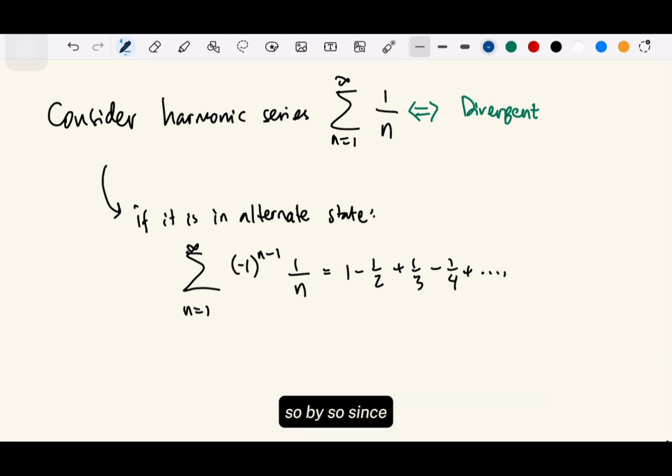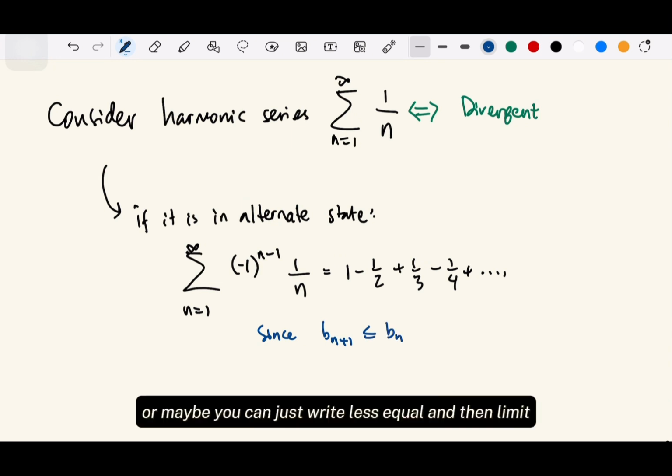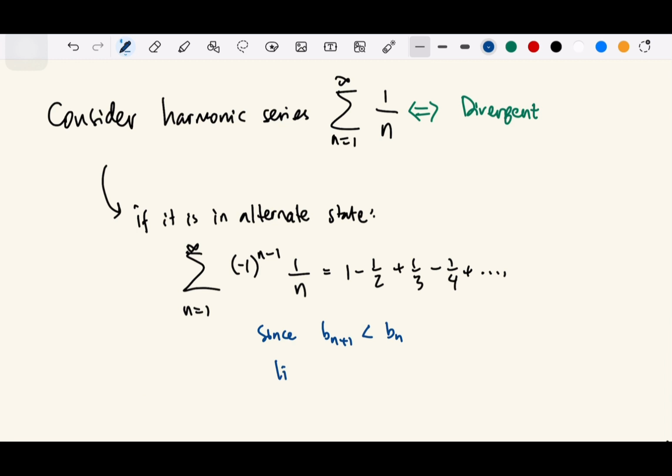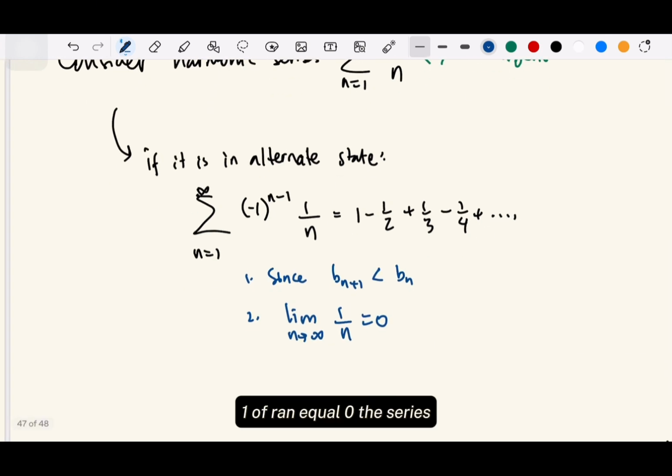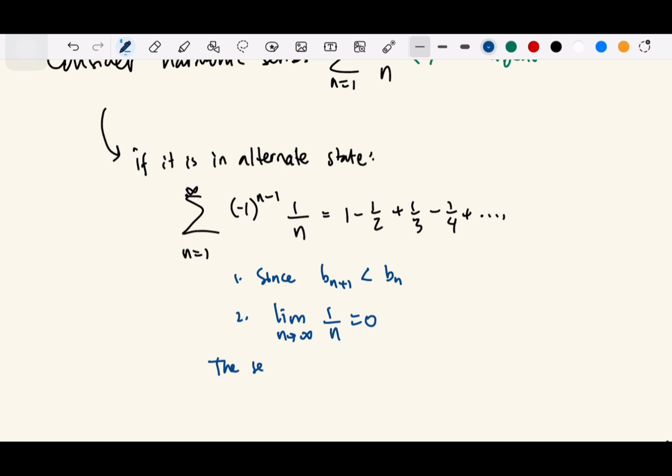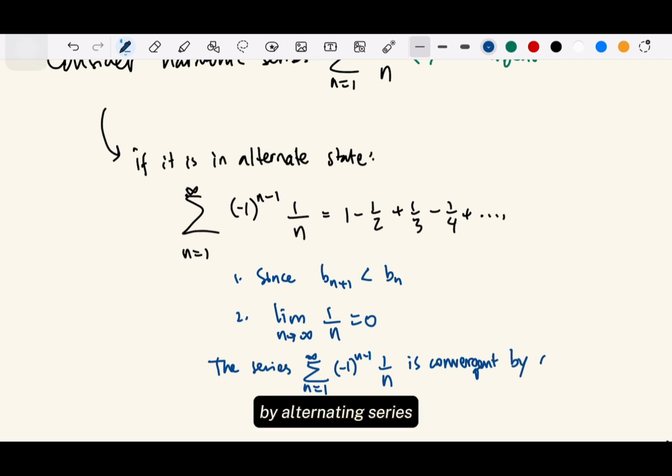So since b_(n+1) is less than or equal to b_n, and the limit of 1 over n equals 0, the series is convergent by the alternating series test.